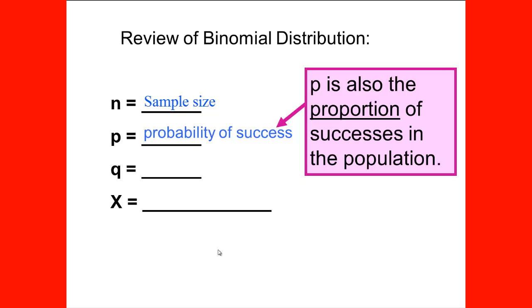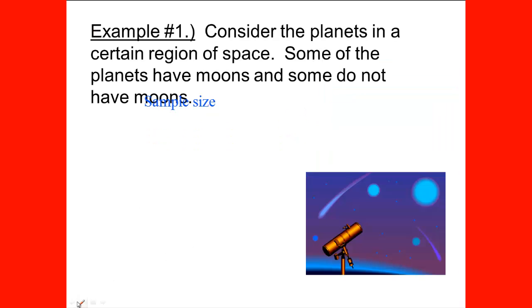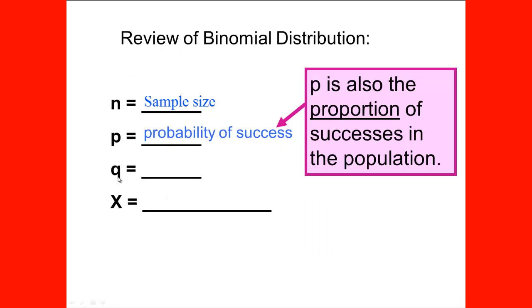So that's why they're the same variable here, P. Q will be the probability of our failure, or will be 1 minus P. And X, remember, is the number of successes out of n, our sample size, or in our population, depending on which one we're dealing with at the time.